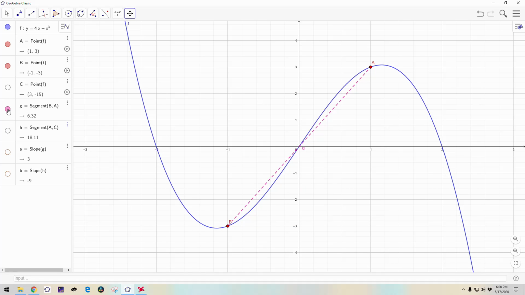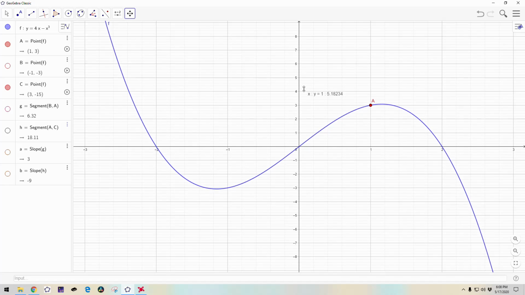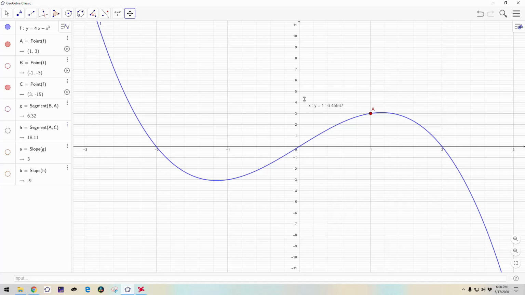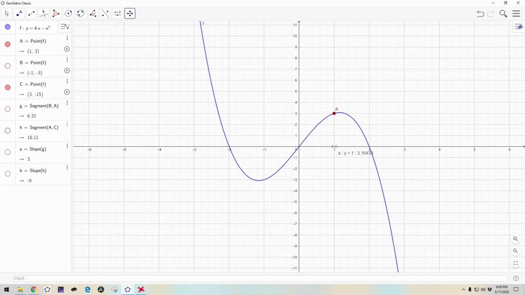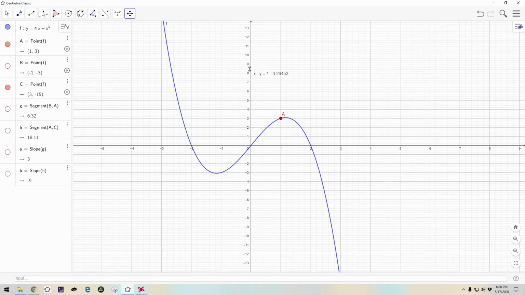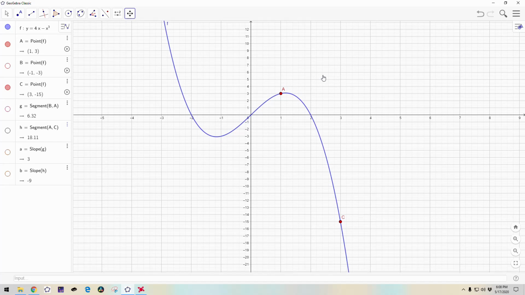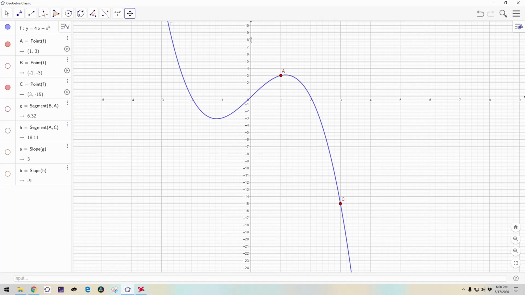The other segment that we did, you see I have the point already set up, 3 and negative 15, but it doesn't fit too well on the grid, so I'm going to have to change the y interval here to make it fit just a little bit. Here we go. There it is right there. So I'll move this up a little bit.